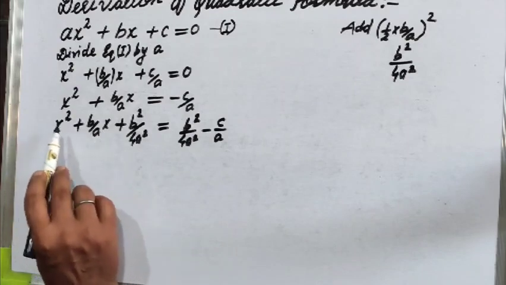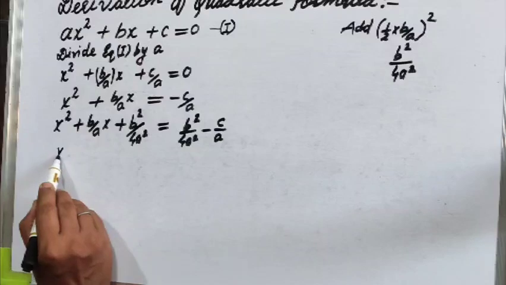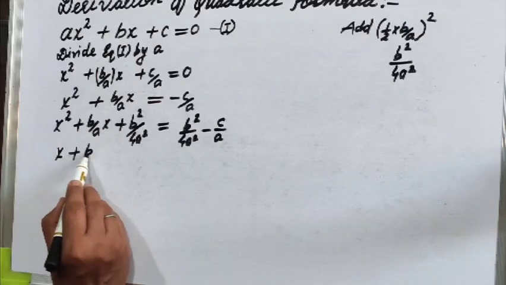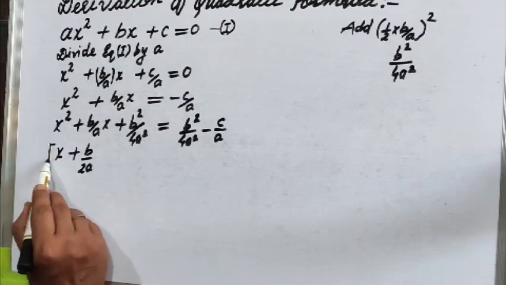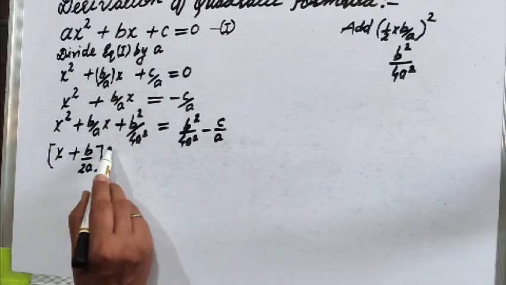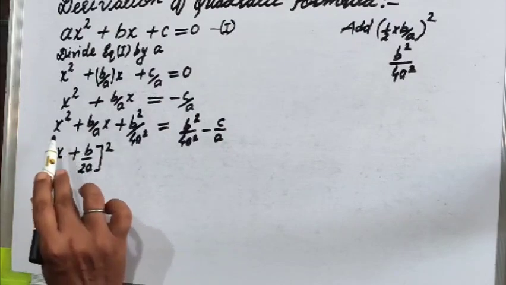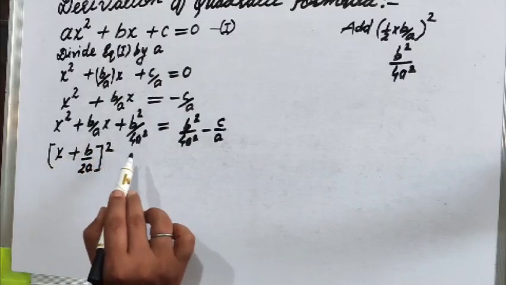The LHS is the square of x plus b upon 2a. If you do not believe it, you can expand this, and you will notice that you get x square plus b by a into x plus b square upon 4a square.